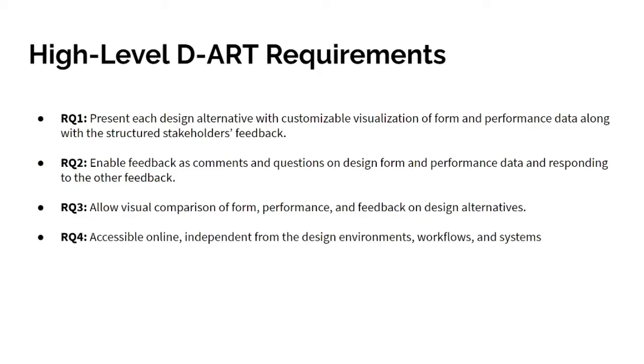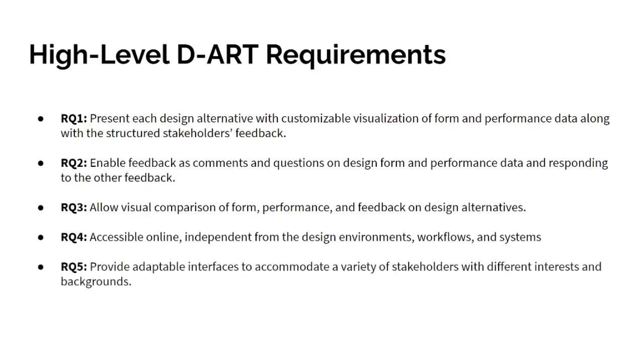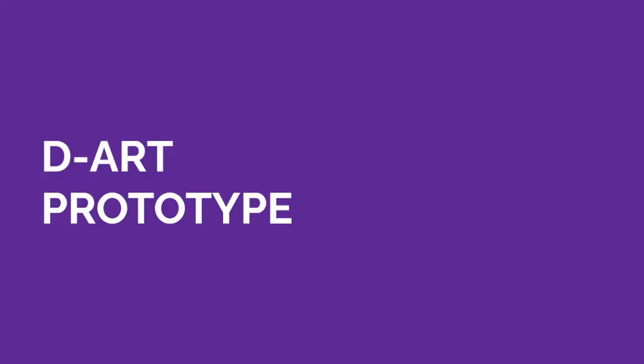And fourth, to be accessible online independent from the design environment, workflows, and system. And finally, to provide adaptable interfaces to accommodate a variety of stakeholders with different interests and backgrounds. The dArt system has been developed as a classical client-server web application.